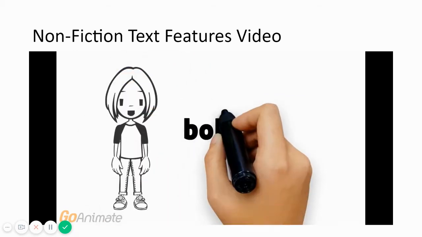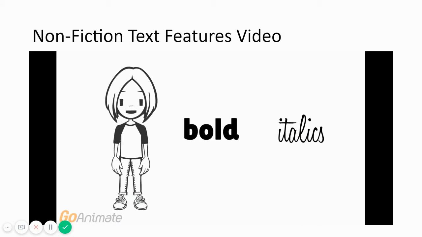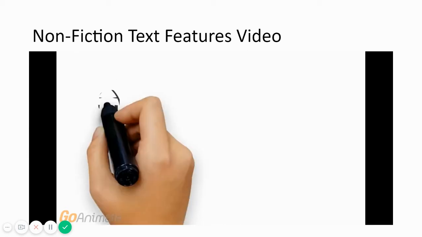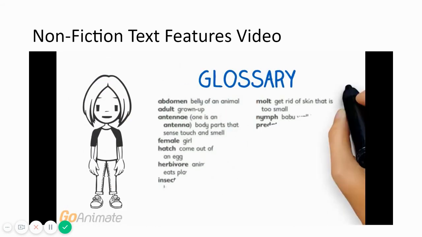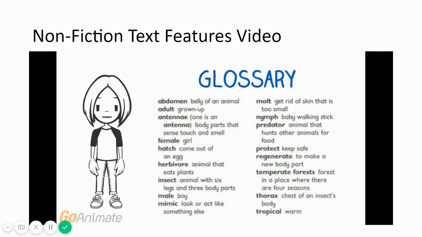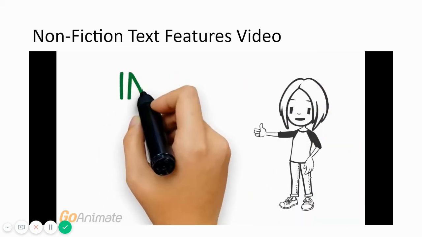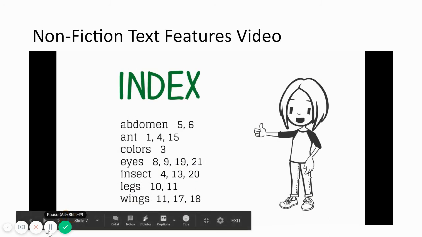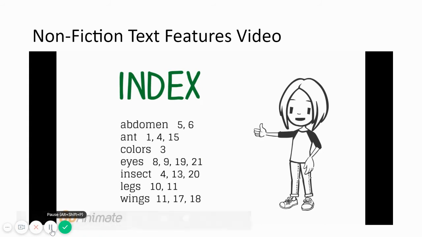Nonfiction materials often use bold and italic letters to draw attention to important words. Bold words are made with dark, heavy lines. Words in italics are slanted. Sometimes the bold and italic words can be found in the glossary at the end of the book. The glossary is like a mini dictionary that gives definitions of the keywords found in the book. The index is usually the very last page of the book or article. It tells you on what pages you can find important information or keywords.